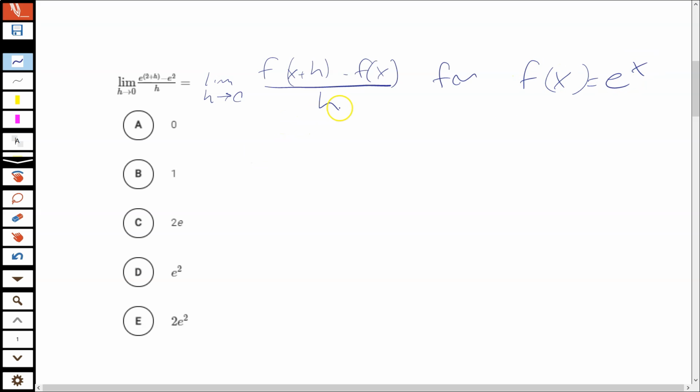So this is really just asking us to take a derivative, and notice it's got a 2 in there. So for f of x equals e to the x at x equals 2. This is just the limit definition of the derivative.